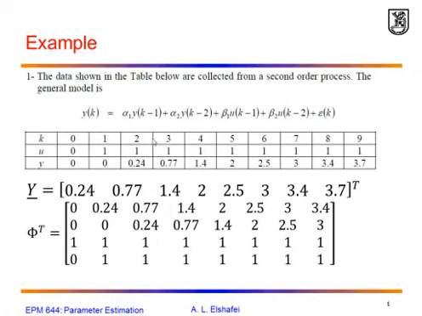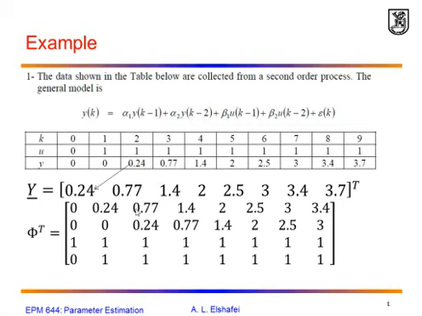That's why when forming the vector y, I start here from the third sample, 0.24, because I know that I will need the previous two samples at 1 and 0 in order to construct my regressor, and similarly for u, and this comes from the given equation of the system.